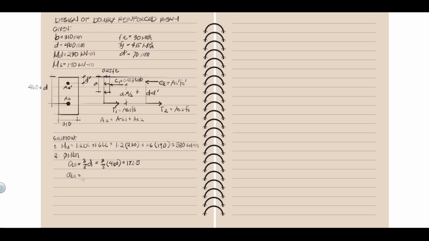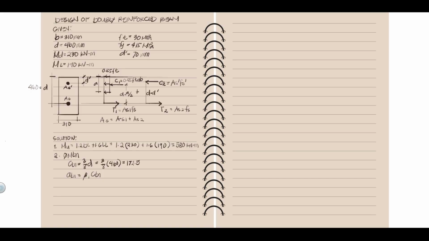ATN will be beta 1 times CTN. Our beta 1 here, class, is not equal to 0.85 because our F prime C is 30 megapascal.